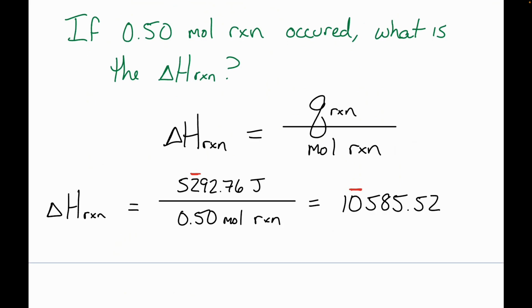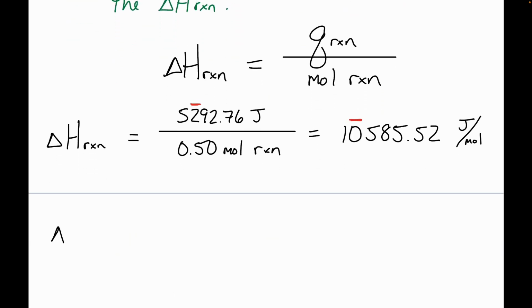What are my units here of my answer? Joules, do these moles reaction cancel out? No, so then I'm just left with our normal delta H values of energy per mole reaction. Typically delta H values, if we look on our constants page, they're expressed in kilojoules per mole.